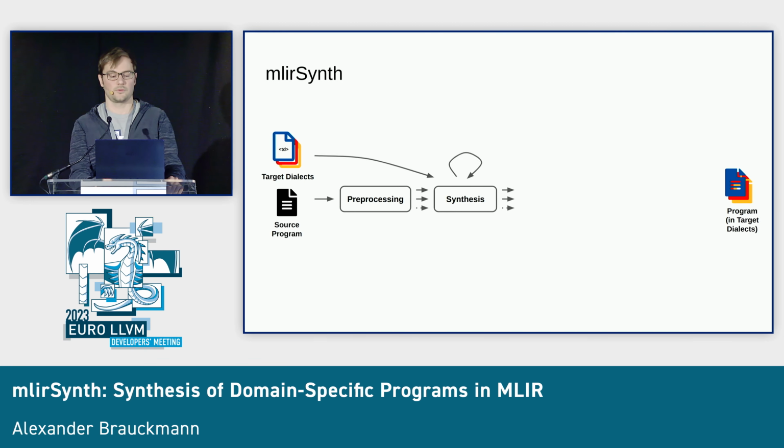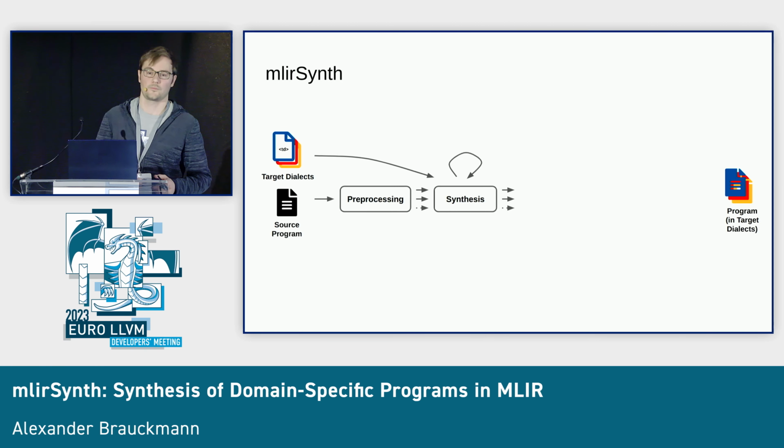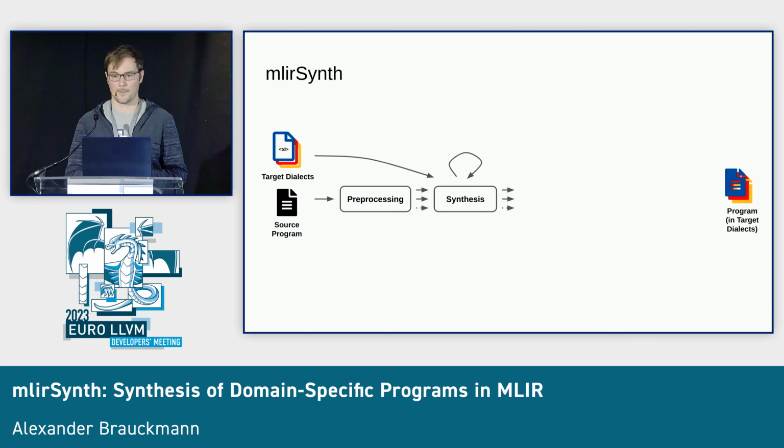Next, we run a synthesis pass for each of these problems, and the synthesis pass also takes the target dialect definitions, extracts a grammar out of them, and then searches in the space of the grammar.